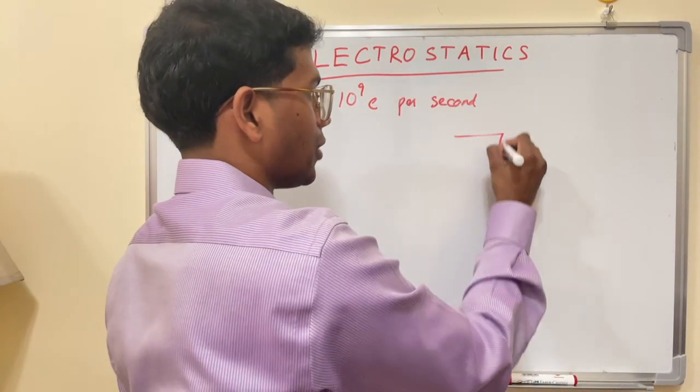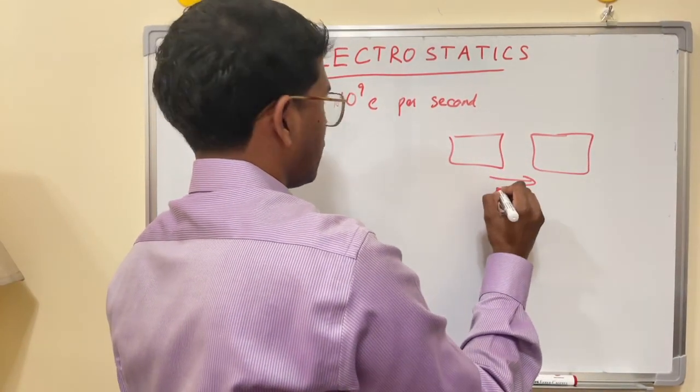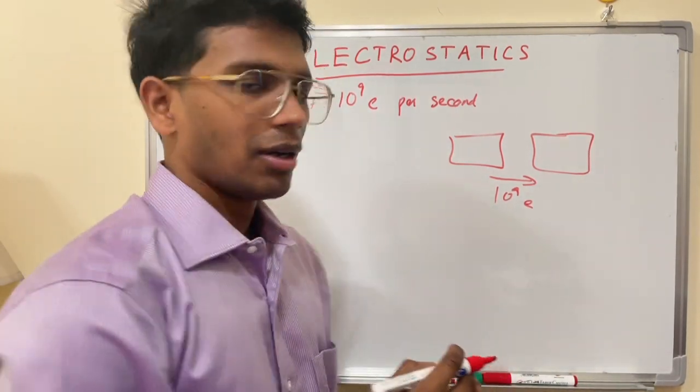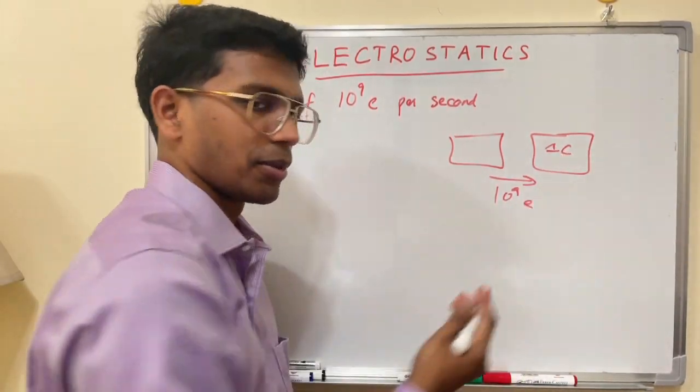Okay, let's define this. One body, another body, this is supplying 10 to the 9 electrons worth of charge every second. So how much time do you need to fill this up to 1 coulomb, right?